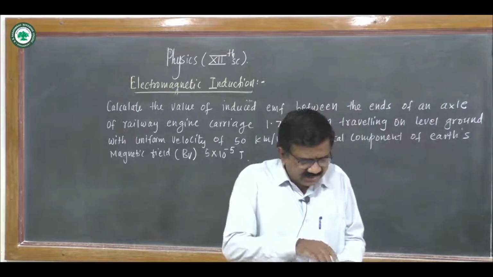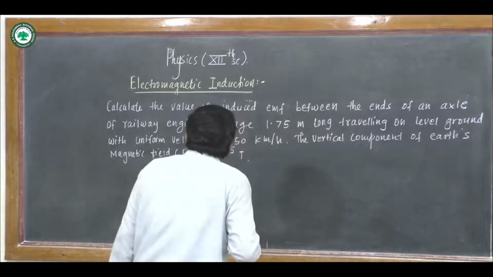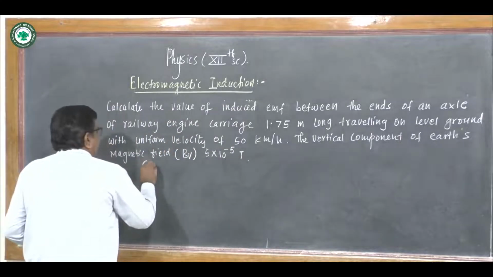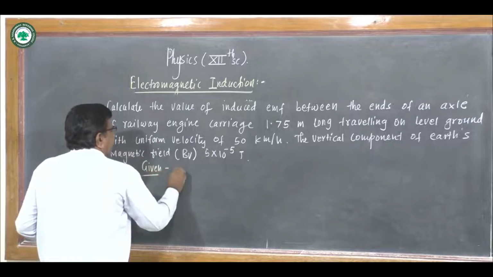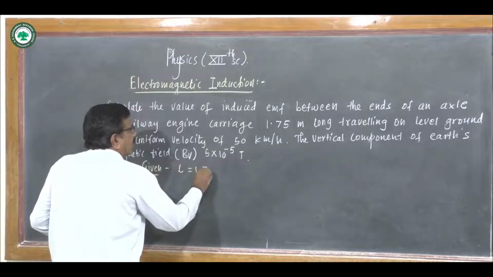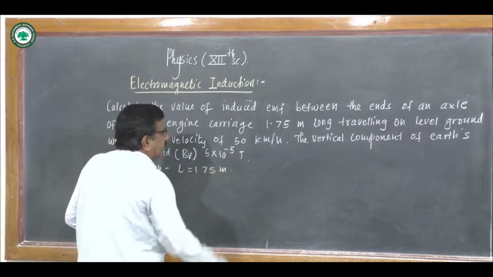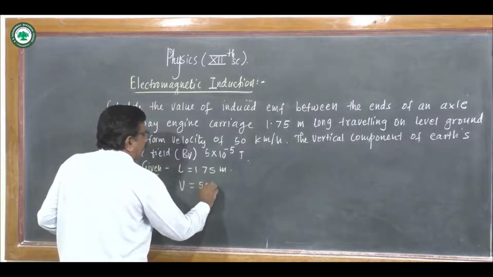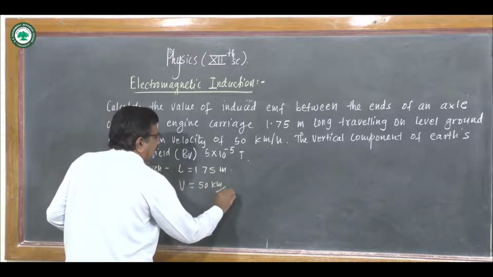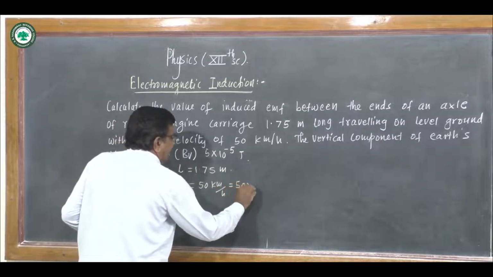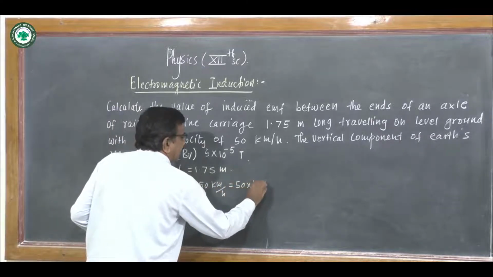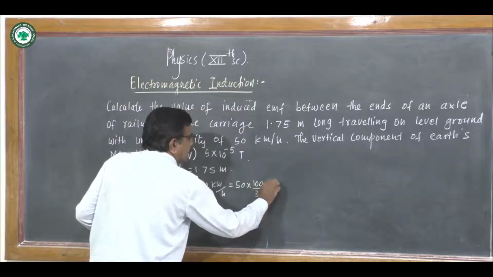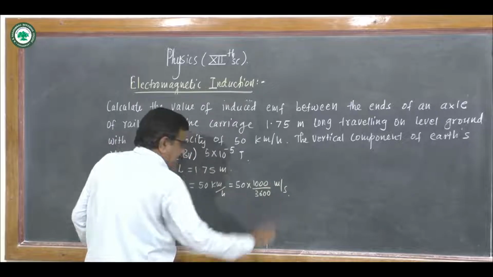Now here L is 1.75 meter, given. Firstly see our given data. L is 1.75 meter. Speed is 50 km per hour. That is 1 km means 1000 meter, 1 hour means 3600 seconds. This is in meter per second.